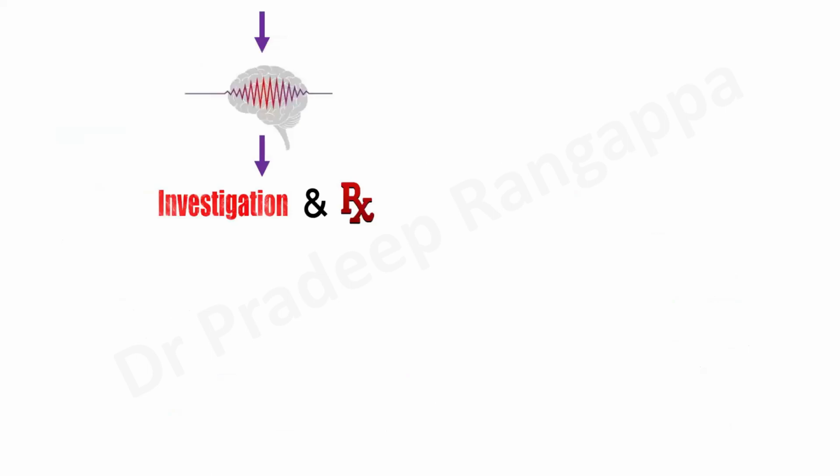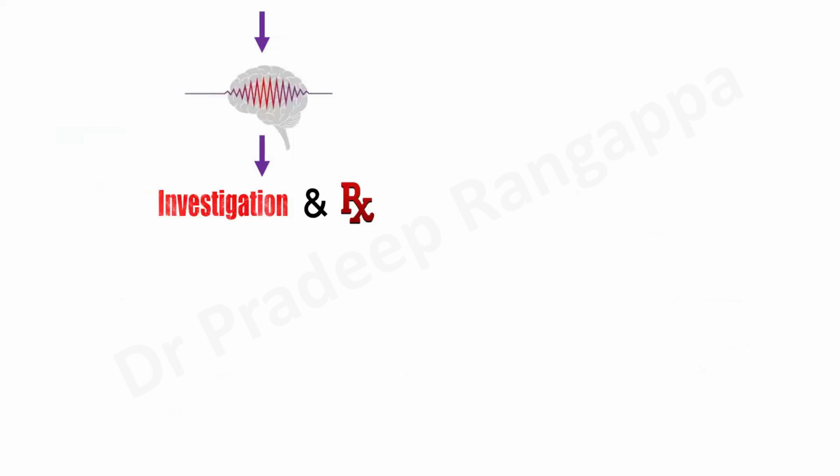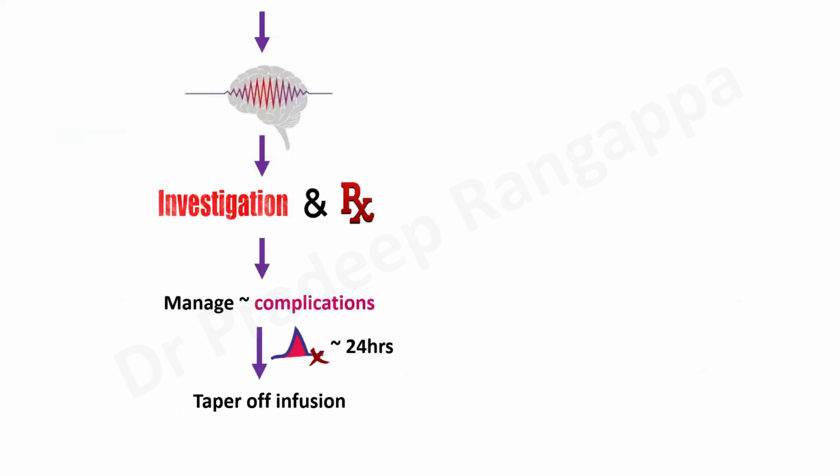After this, it is important to investigate and treat the underlying cause for the seizure. It is not enough that you just abort the seizures with lorazepam, phenytoin, propofol and midazolam. It is important to establish the cause, investigate the cause, treat the cause, and manage the complications.